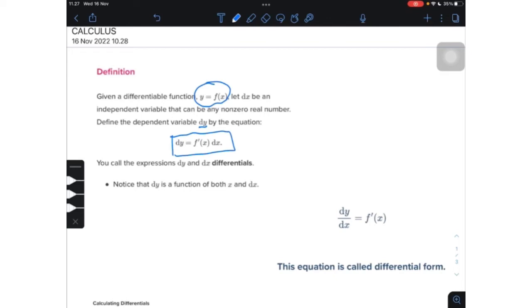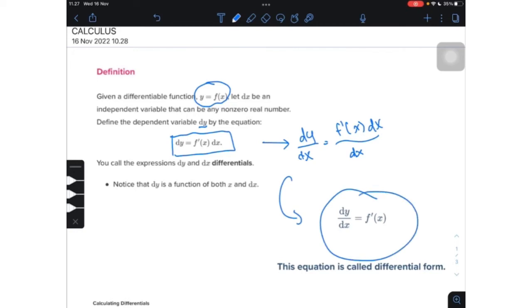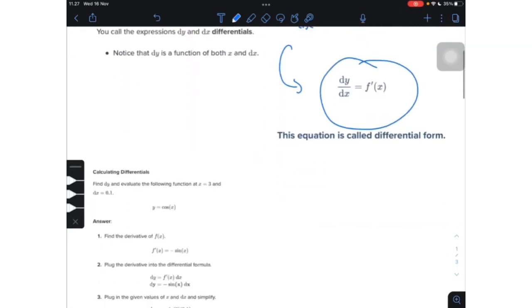If you divide both sides by dx, dy divided by dx equals f prime x times dx divided by dx, it will be this equation, and it's called differential form. So that's the definition of differentiable function that we will discuss.